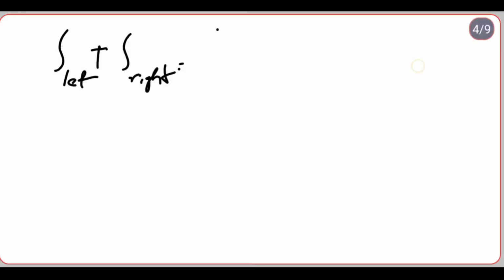Left and right is in the y-axis direction. This is the negative of the y-axis, and this is the positive of the y-axis. Therefore integral left plus right can be written as dou Dy by dou y.